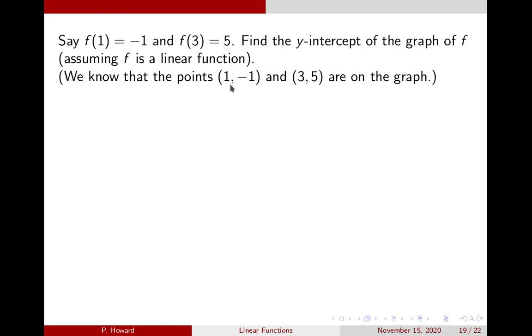In other words, the points (1, minus 1) and (3, 5) are on the graph. So we start our calculations. The equation of f of x, since f is linear, looks like this. It's m times x plus b. m is some number, the slope, and b is some number, the y-intercept.